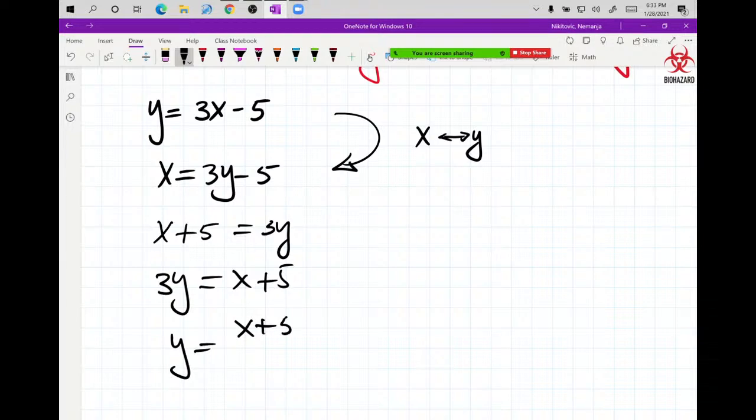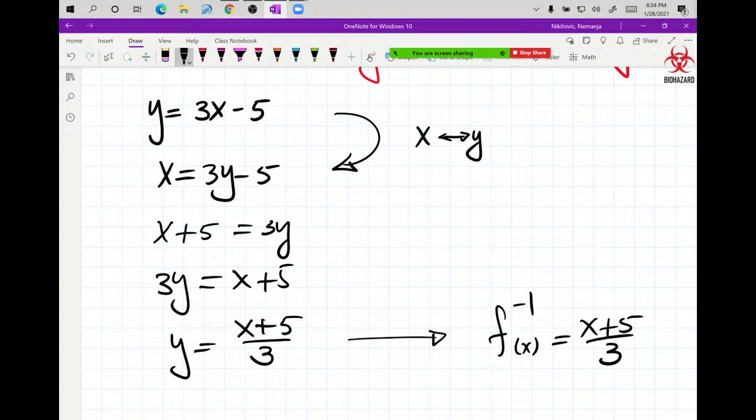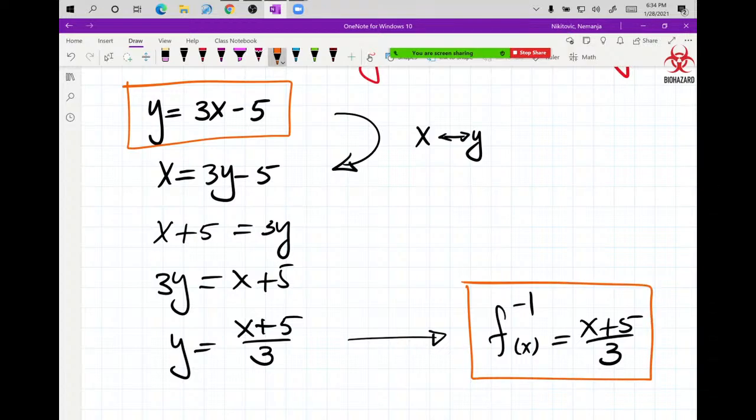This is rudimentary algebra. And ta-da! There it is, your inverse. So this is your function, and this is your inverse.